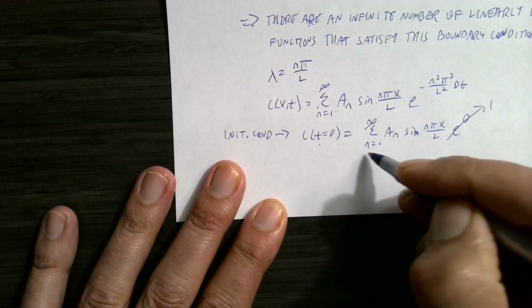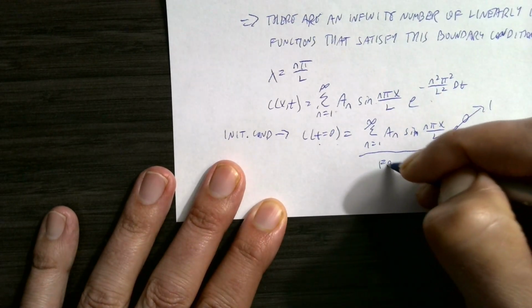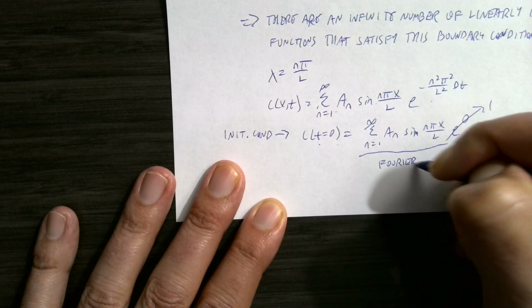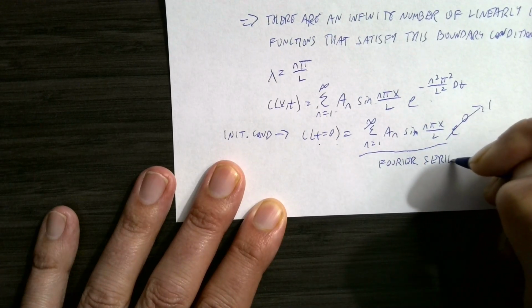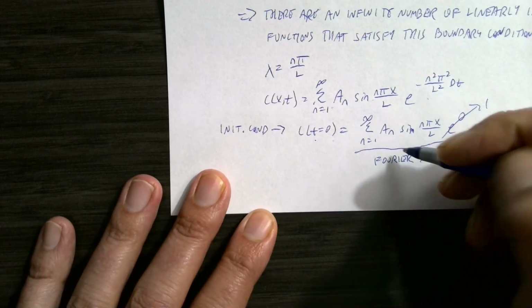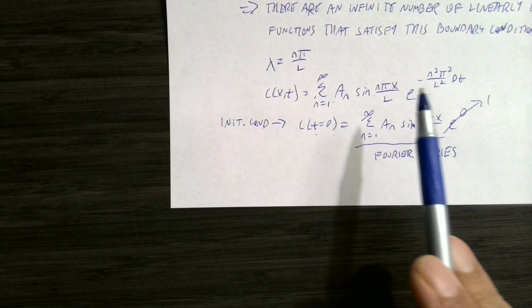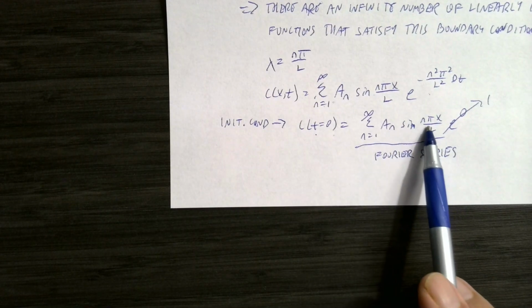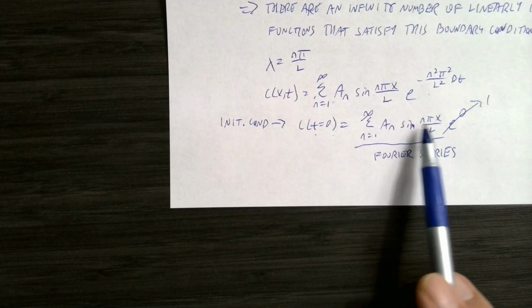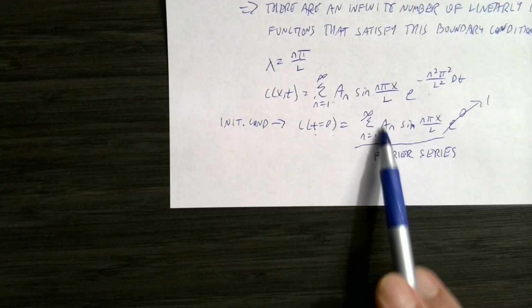And so this is called a Fourier series, and it's named after Joseph Fourier, who discovered it. And so what this is, it's a function that is the sum of all these different possible values inside the sine here from 1 to infinity times some constant.